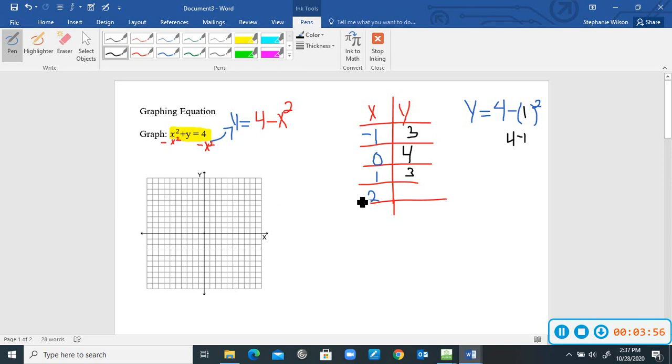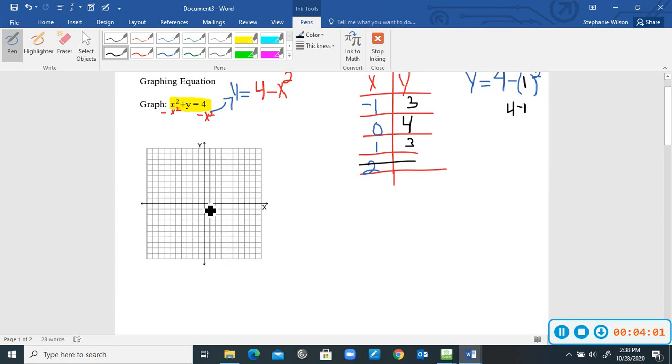And we don't have to have the 2 now because we already know it. So let's plot this. Let's go to 0, 0, and the first order pair is -1 for x. So I'm going to go to the left one, and the y value is positive, so I'm going to go up, and it says 3, so we're going to go up 1, 2, 3, and let's put our dot right here. Go back to 0, 0, and let's do the next order pair.